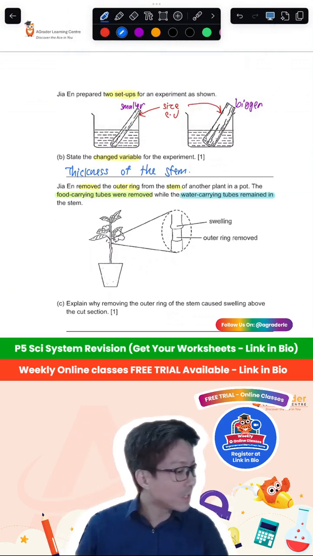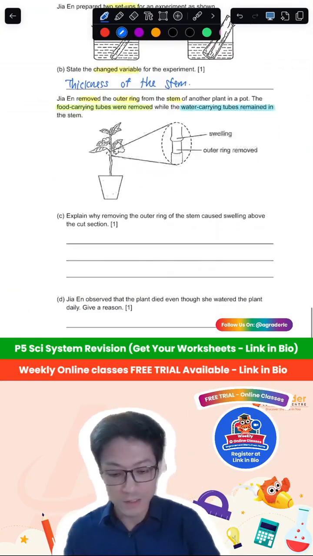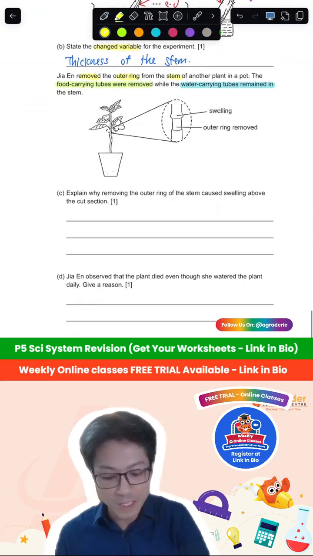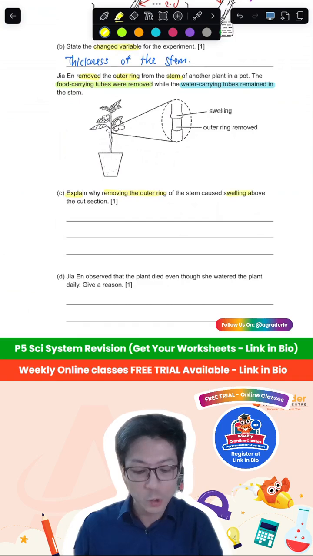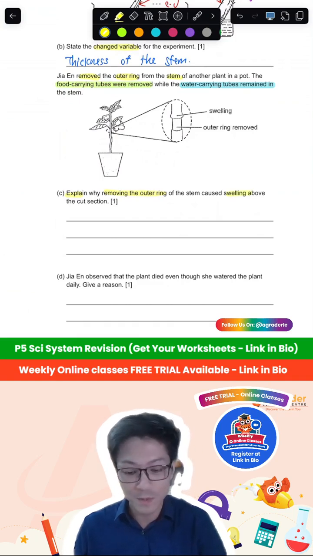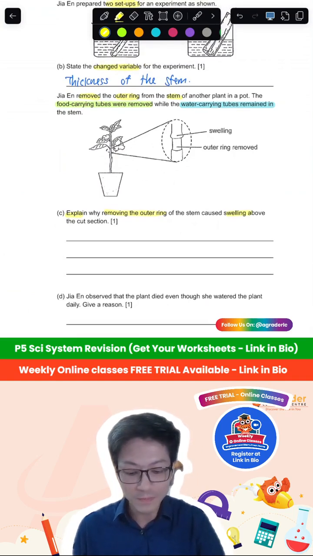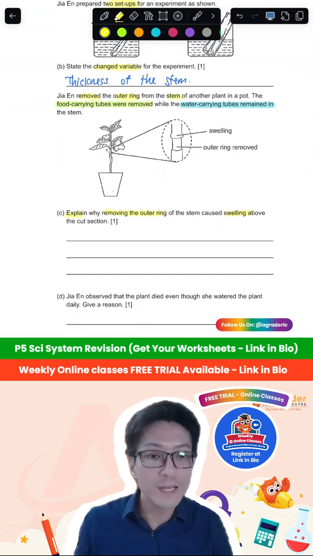Okay, explain why. Let me scroll up a bit so that we can see the next question. Explain why removing the outer ring will cause swelling above the cut section. I think just now I already briefly explained, right?